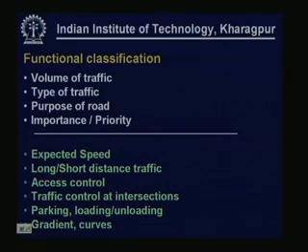We can define the expected speed for different types of roads. What is the expected speed that we are targeting, whether the road is predominantly to cater to the demand for long distance traffic or short distance traffic, and what type of access control is provided for the road.